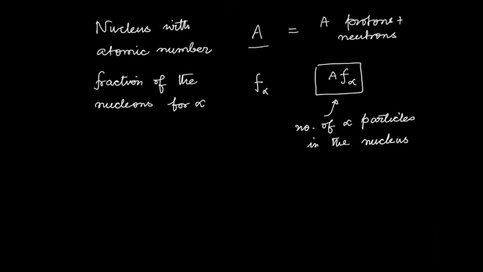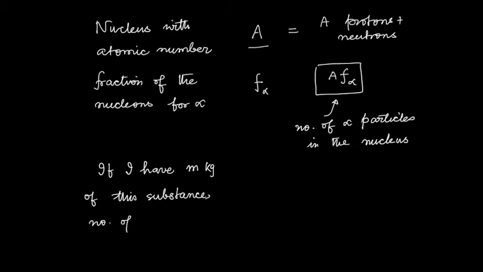Now you have to ask the question, how many of these nuclei will be there. So if I have m gram or m kg of this substance, the number of alpha particles inside, how do I calculate it?